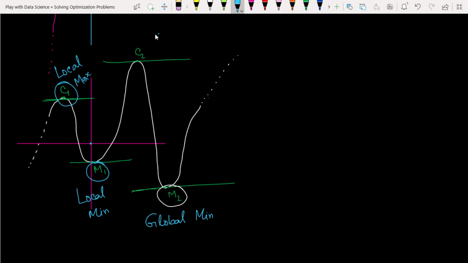So here it is called the local maxima, and this is called the global maxima. Okay, I think this concept is clear.